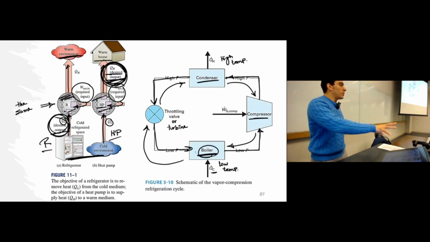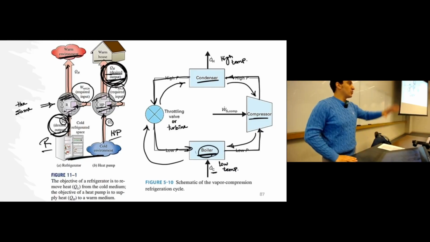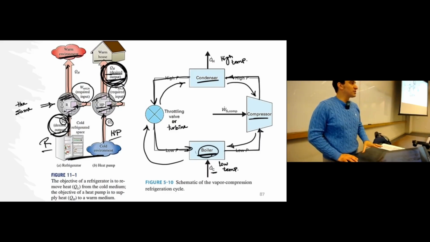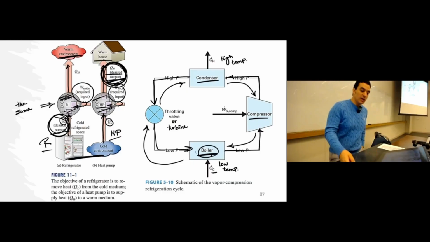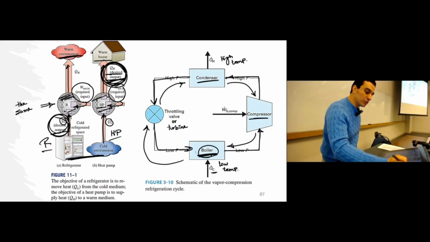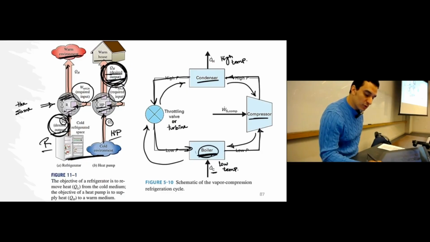So refrigerators or heat pumps are exactly power cycles, except everything is reversed. The boiler is at high temperature there, here the boiler is at low temperature. The condenser there is at low temperature, here the condenser is at high temperature.